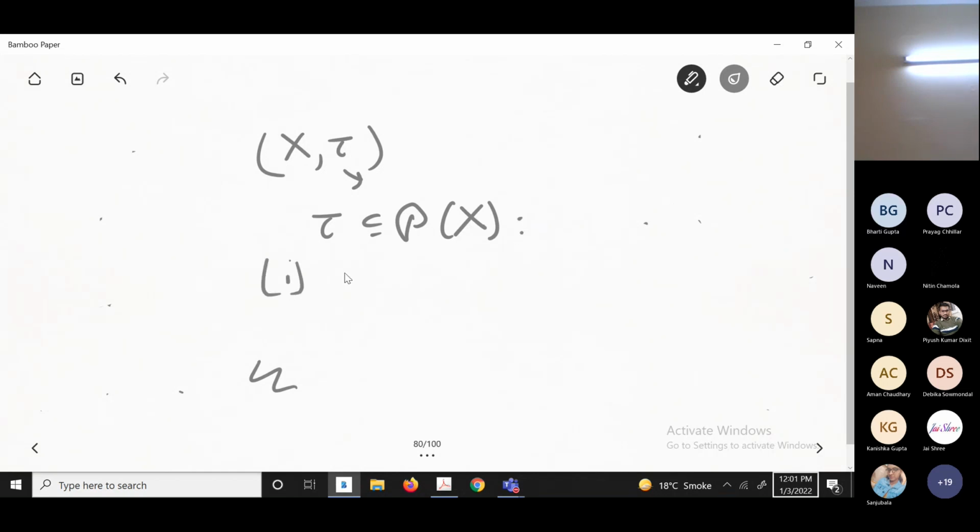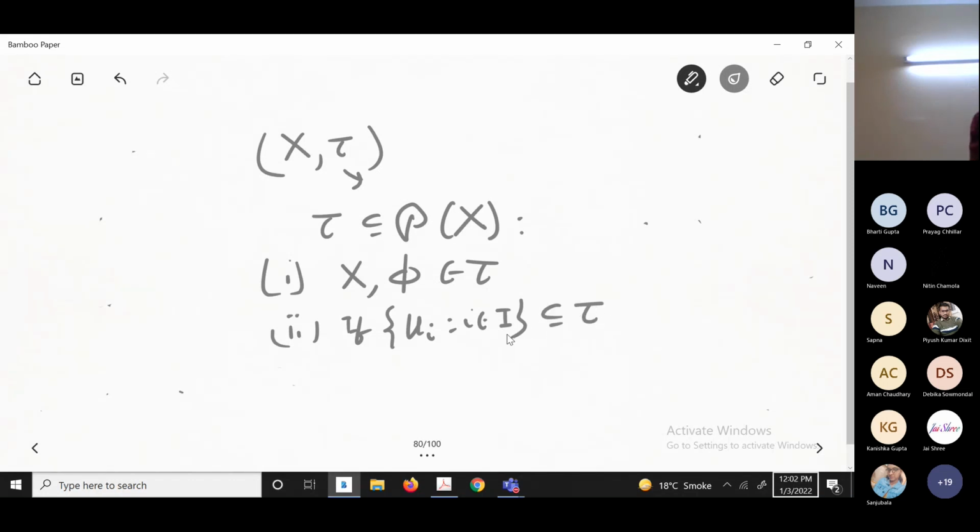One, both X and phi, the empty set, belong to tau. Two, if you have any arbitrary family, Y_i, i belongs to I, this index set I may be finite, may be infinite, then its union also belongs to tau.